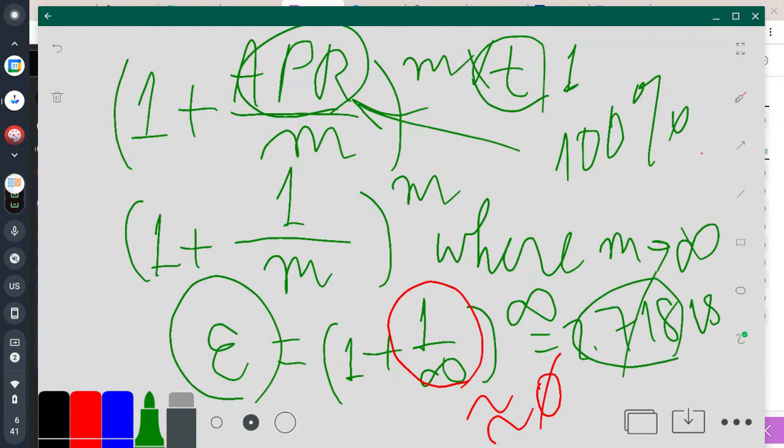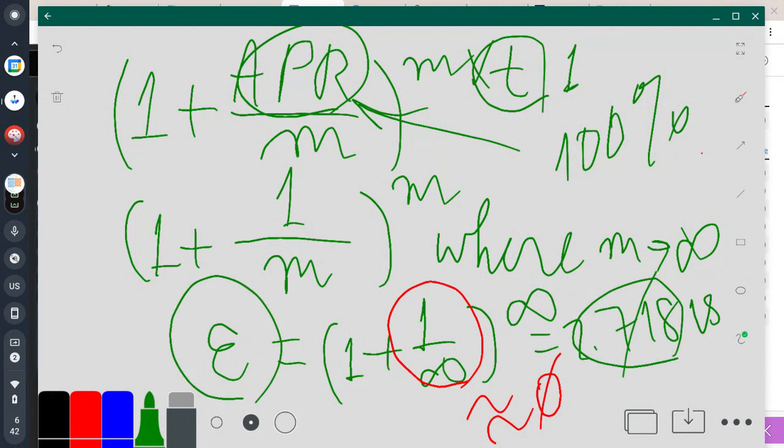We just round off pi at the second decimal place, 3.14. But pi goes on forever. Just like that, Euler's number E goes on forever, right? So we don't actually quote that number.